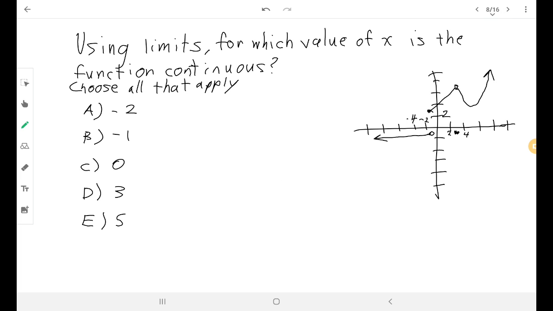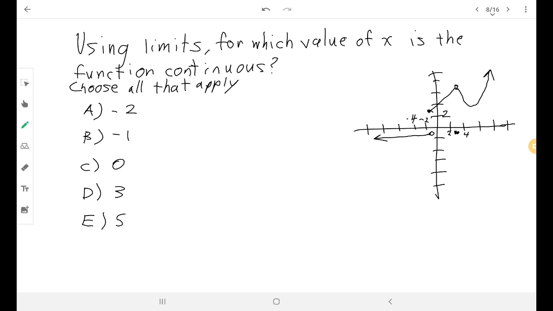All right. So this one says, using limits, for which value of x is the function continuous, and we want to choose all that apply. So we're going to say that functions are continuous at any value, and we've got choices of values here.